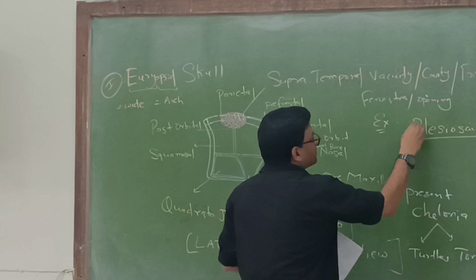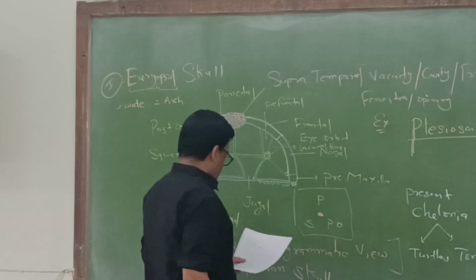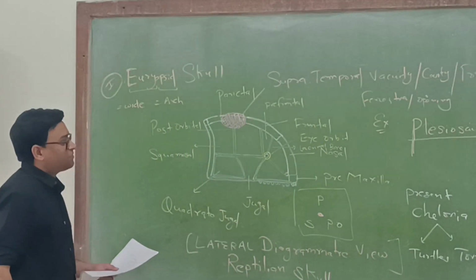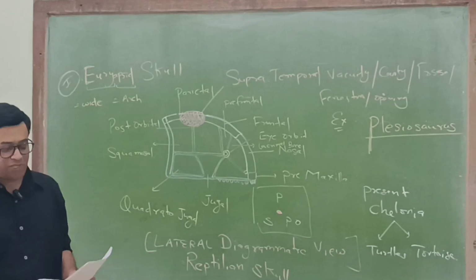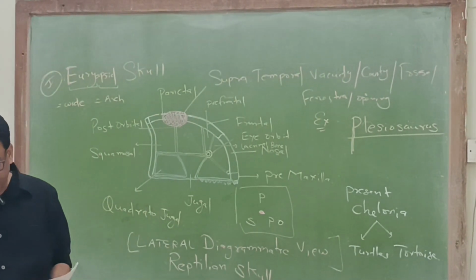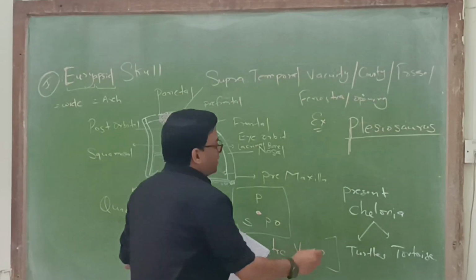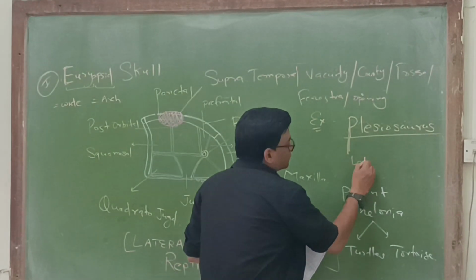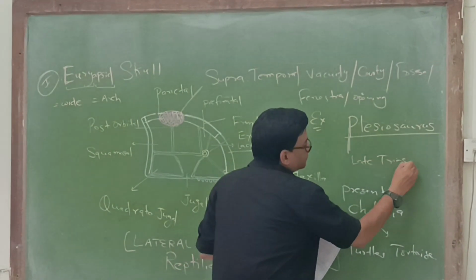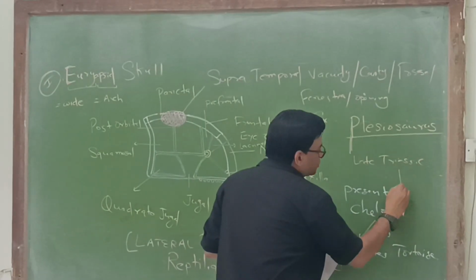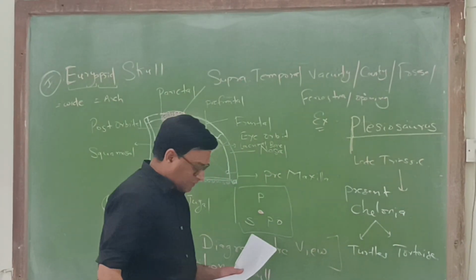So if somebody asks, this Euryapsid type of skull is found in what reptile? There was an ancient reptile that was living in the late Triassic period up to the late Cretaceous period.